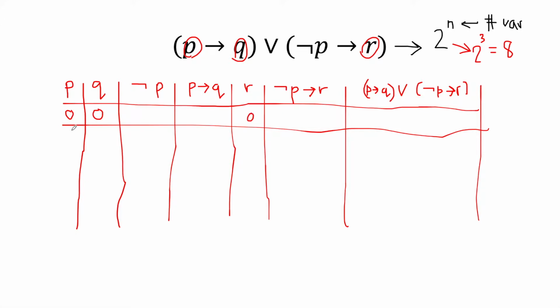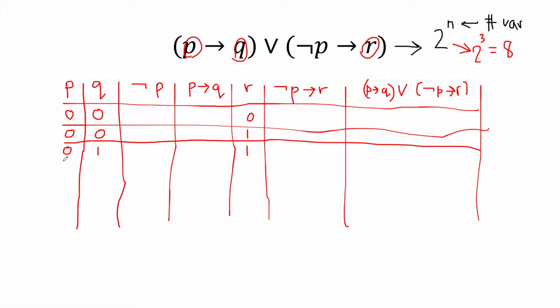Next you will have 0, 0, 1. And then you will have 0, 1, 1. Okay, so basically this is our second row. Have to be very careful.